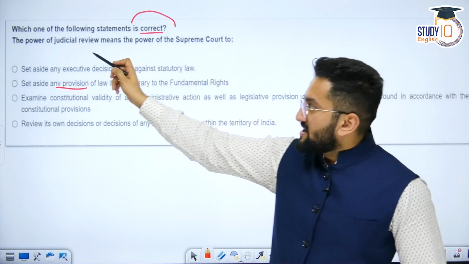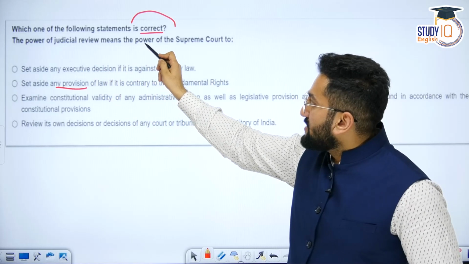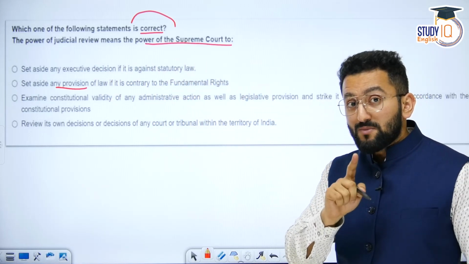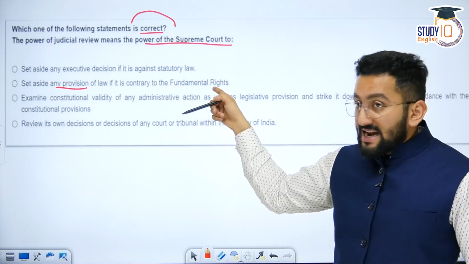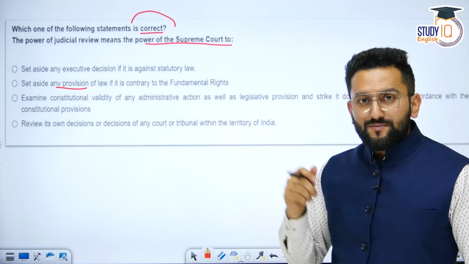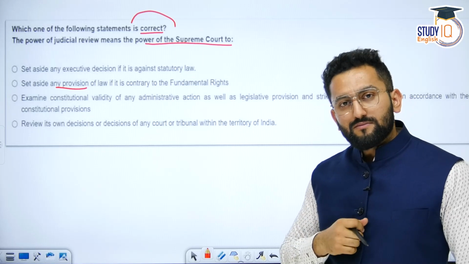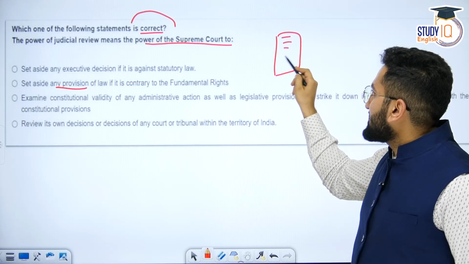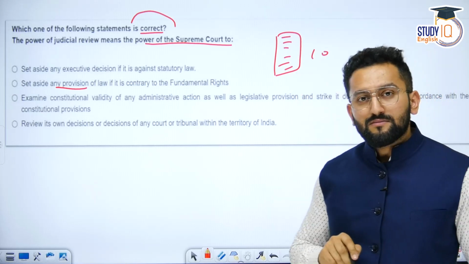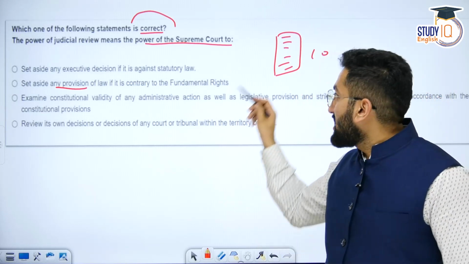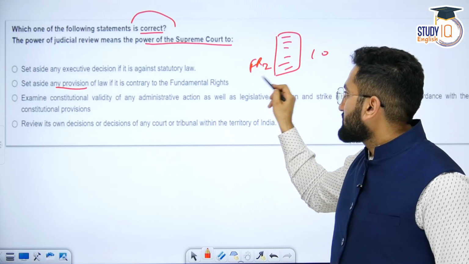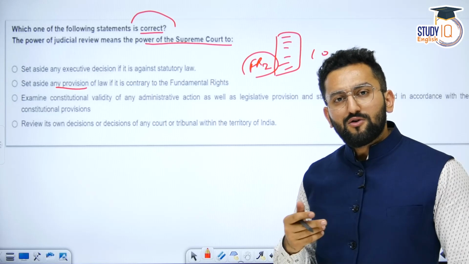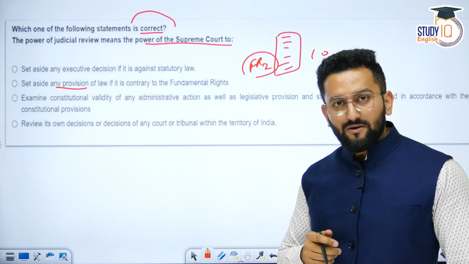Now read this question statement. The power of judicial review means the power of the Supreme Court. Remember, many students are going to commit this mistake. The second statement also seems to be true, because this can happen. If there is a law and this law is having, say, 10 provisions, and 2 provisions are against fundamental rights, so we talked about the doctrine of severability, doctrine of eclipse when we were talking about fundamental rights.